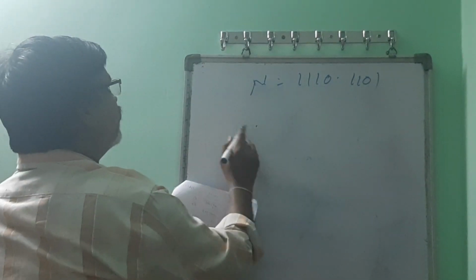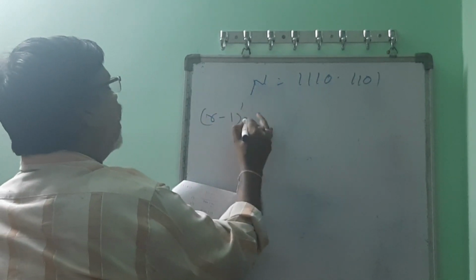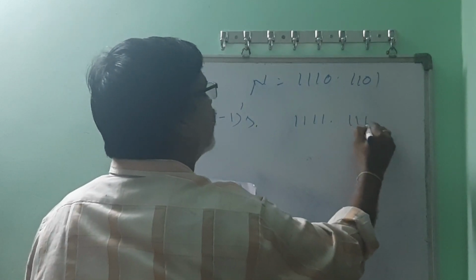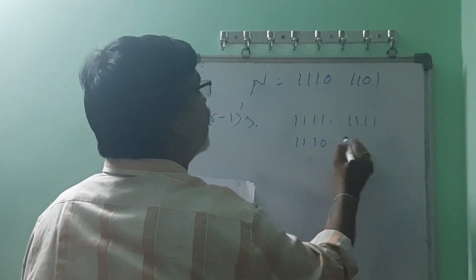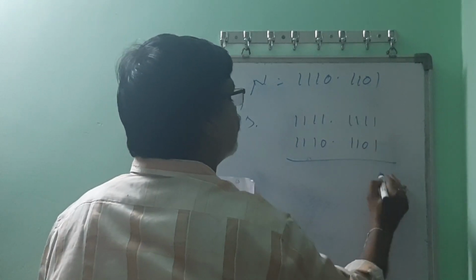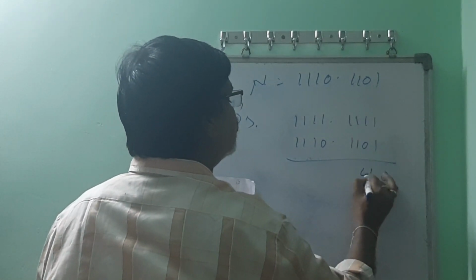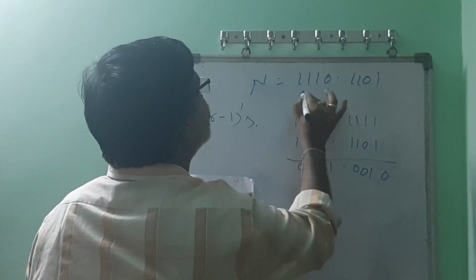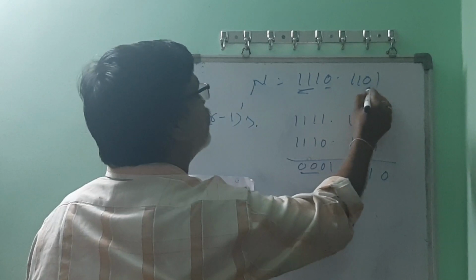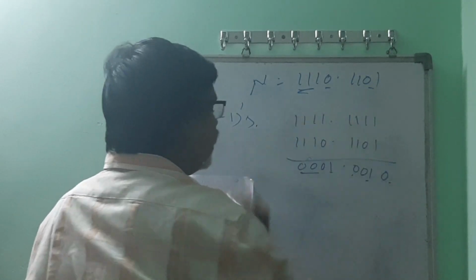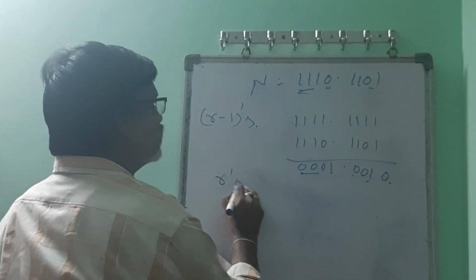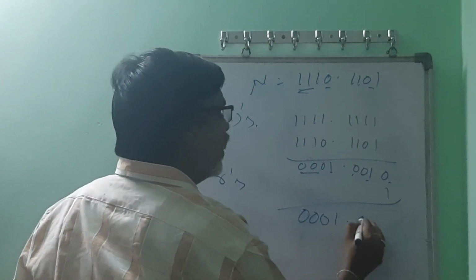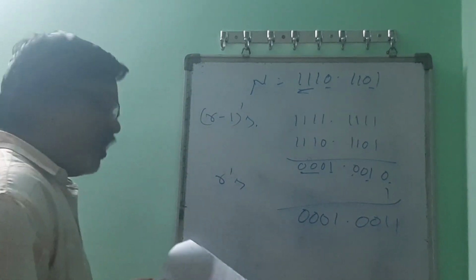To first calculate the r minus 1's complement, subtract from 1111.1111, so you get 0001.0010. All ones are converted to zeros and all zeros are converted to ones. Now if you want to get the r's complement, add 1 here, then you will get 0001.0011. So this is the r's complement.